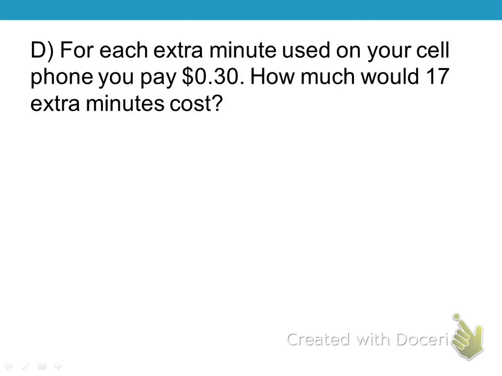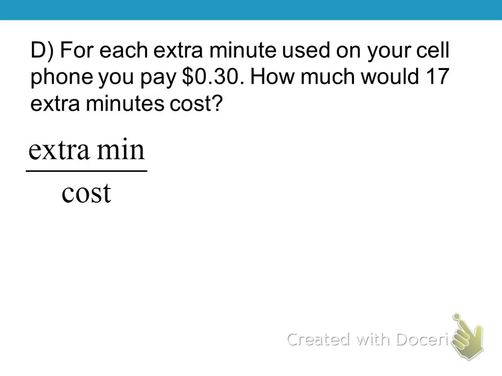All right. Part D. For each extra minute used on your cell phone, you pay 30 cents. How much would 17 extra minutes cost? So we are going to set this up as extra minutes over the cost.